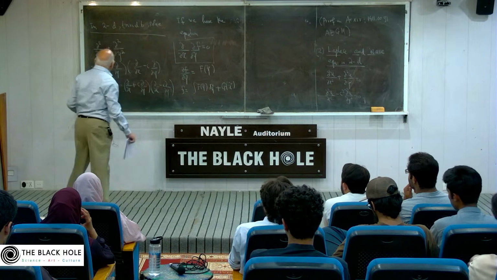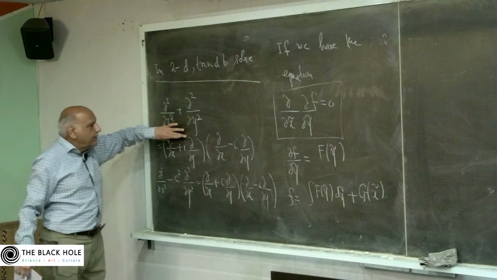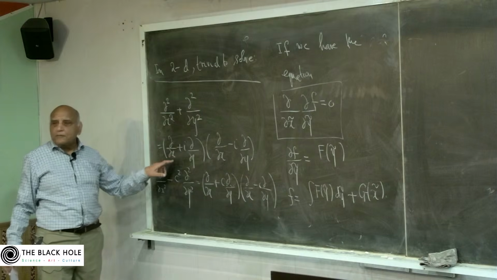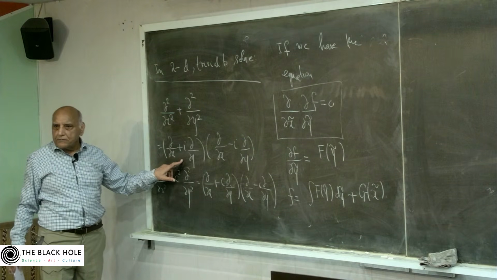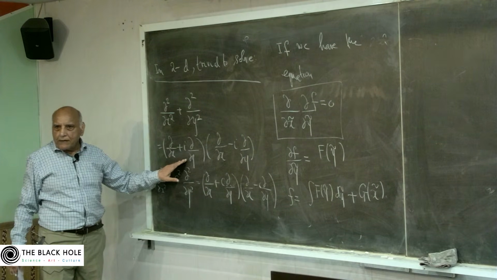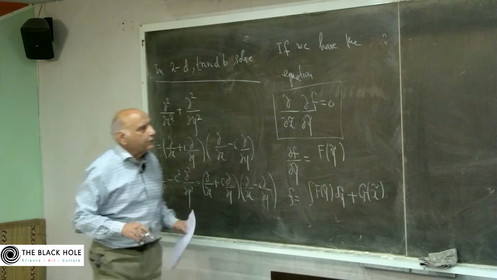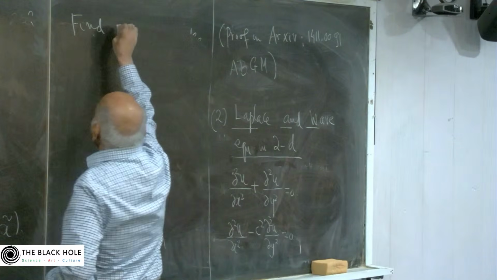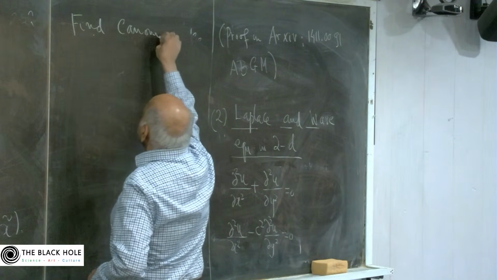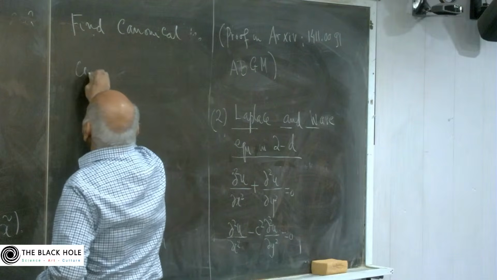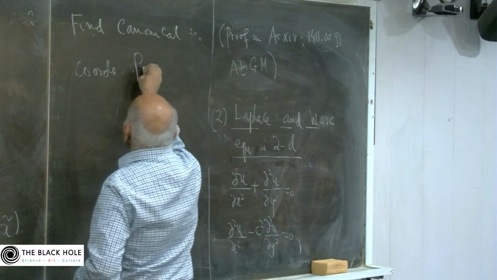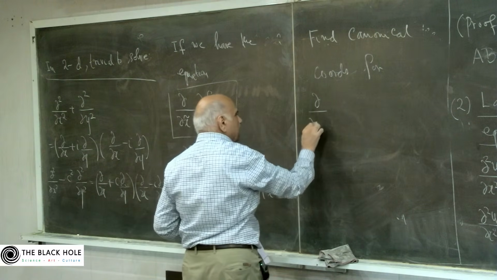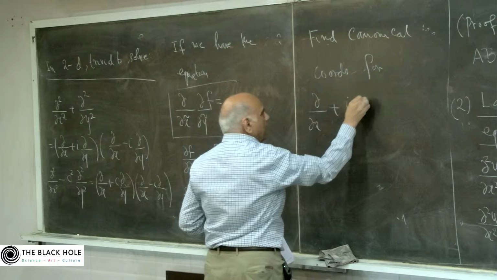So can you give me a function such that when I apply this I get 1? Isn't it x minus i y by 2? So find canonical coordinates for d by dx plus i d by dy.